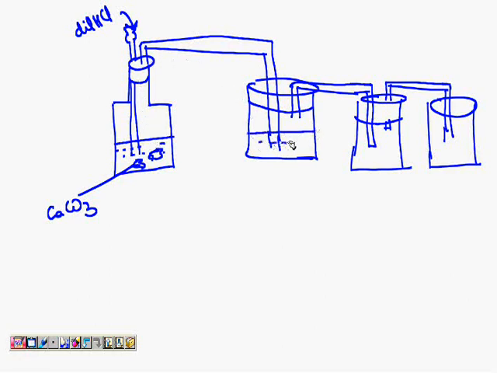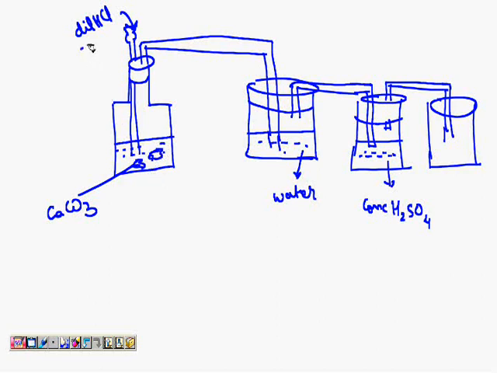The first flask contains water. The second vessel contains concentrated sulfuric acid, conc. H2SO4. We'll see what the purposes of these are.